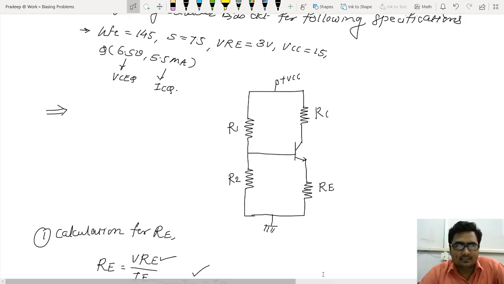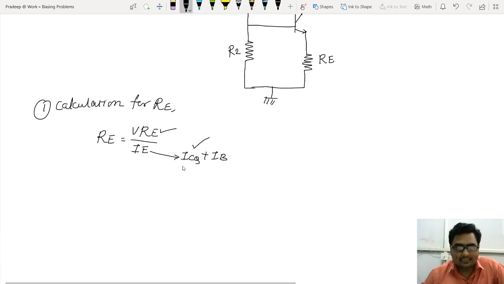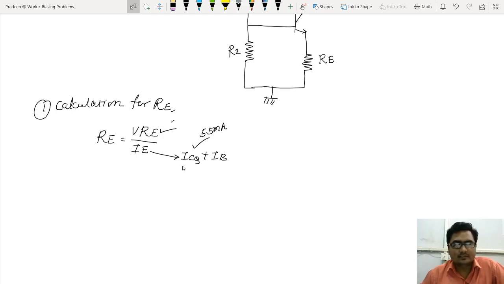So 5.5 is your IC, which is 5.5 milliampere. And VRE is 3 volt. From every equation, one parameter is given, whereas one we still have to calculate. So to calculate IE, we have to calculate IB first.